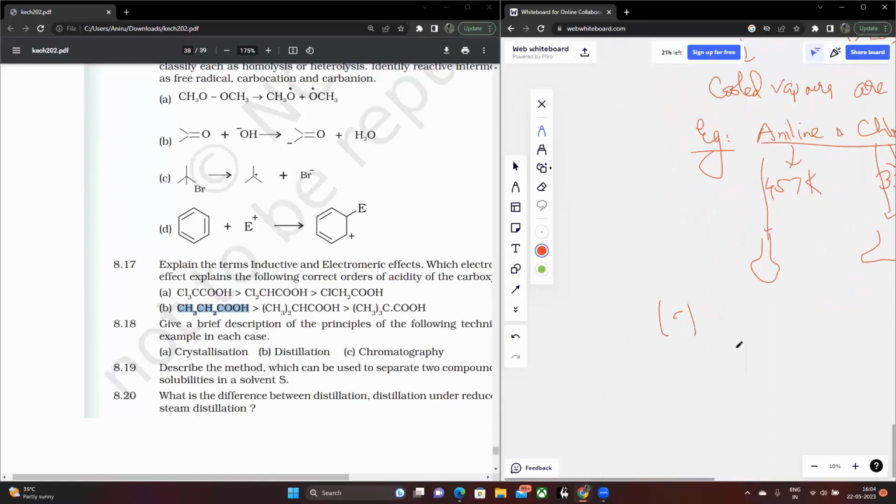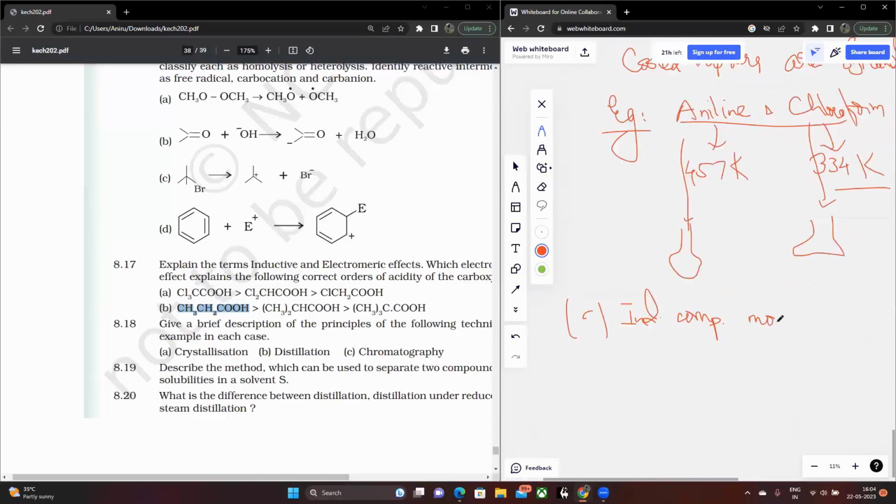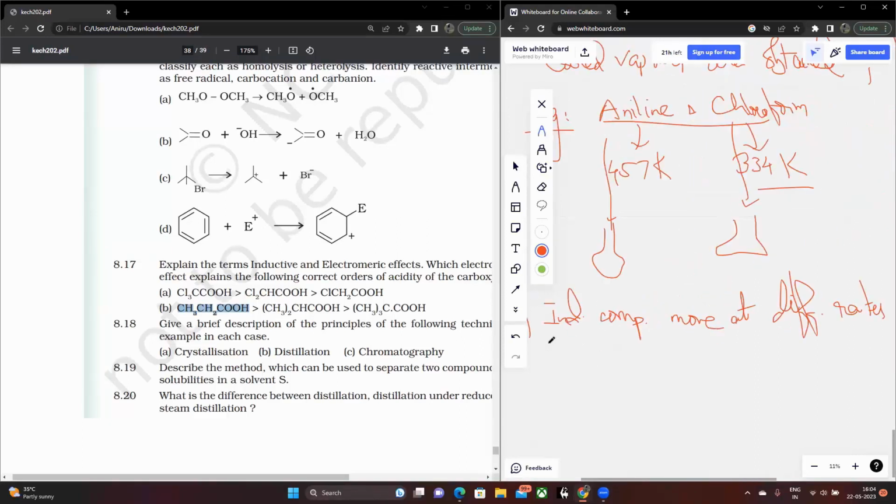C is chromatography. Chromatography works on the principle that individual components move at different rates through a stationary phase under the influence of the mobile phase.